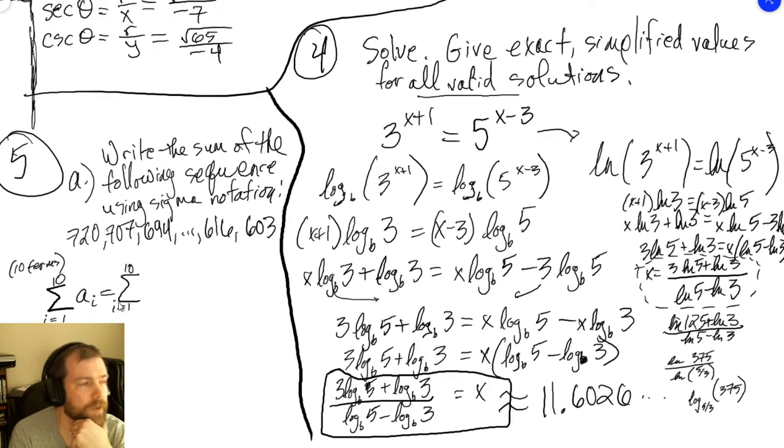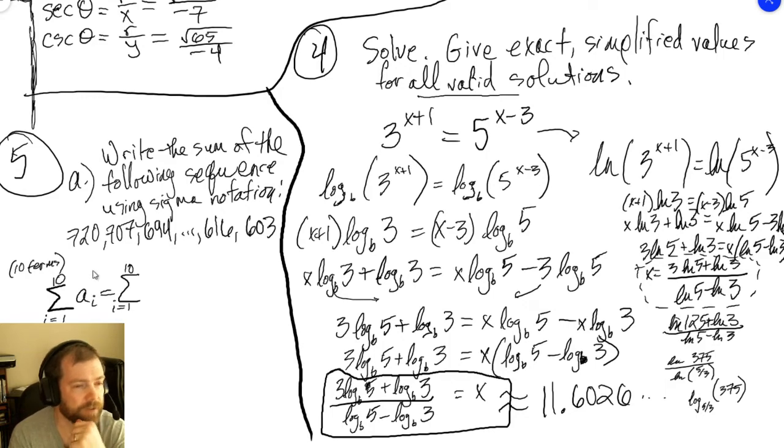We need to make sure that we're seeing the pattern here. So as we go from 720 to 707, and 707 to 694, and 694 to 681, and from 681 to 668, etc., 616 to 603, we're always subtracting by 13.